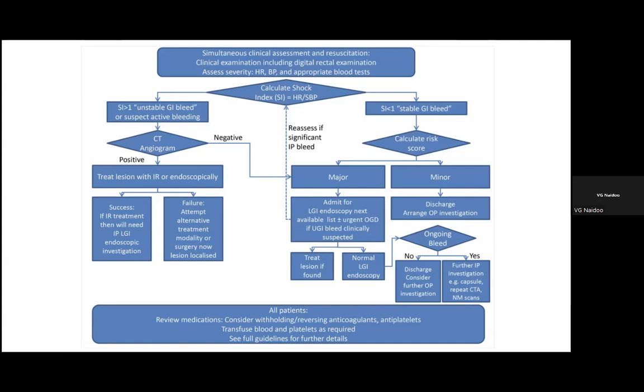Wherever the scope is, I suppose, is an easy answer, but that's why the scoring system comes into play. Barbara, if somebody has an unstable lower GI bleed, where should the scope take place?